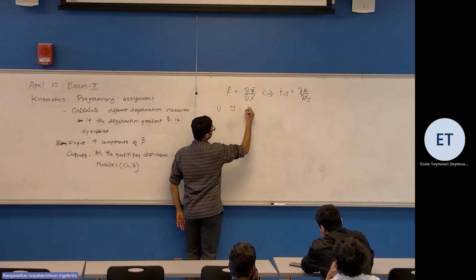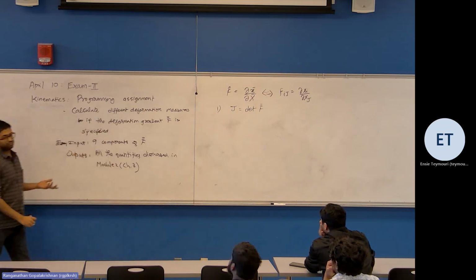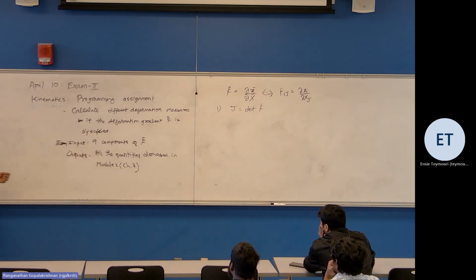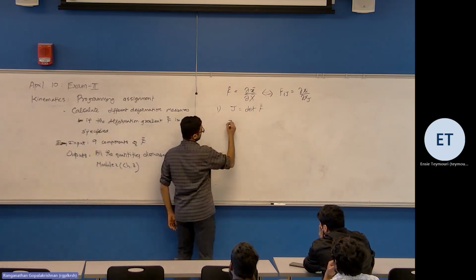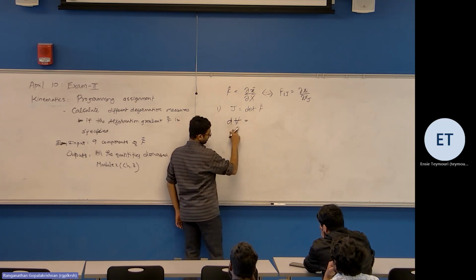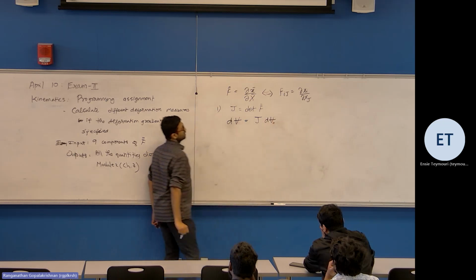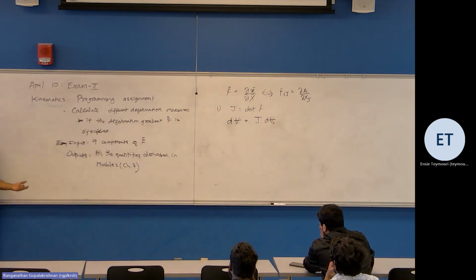So, for example, J, which is the determinant of F, is a quantity that depends on F itself. So where does J appear? J appears in calculating the change in volume in the spatial coordinates for a small change in volume in the material coordinates. We saw this last lecture.